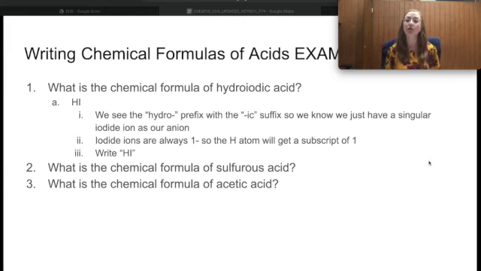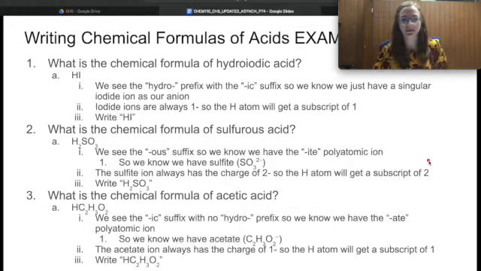If I have sulfite, I know sulfite always takes on a charge of 2-. So that becomes the subscript for my hydrogen. So I have H2SO3. H2, you write the chemical formula of the polyatomic ion, H2SO3 for sulfurous acid.